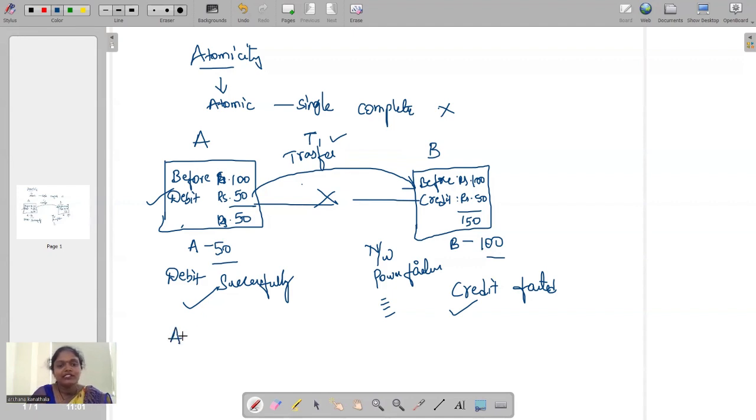That is, what was the previous value of account A? It is rupees 100. And what was the previous value of account B? It is rupees 100. So there should not be any changes. The original values should remain the same. So that's what the atomicity rule says.